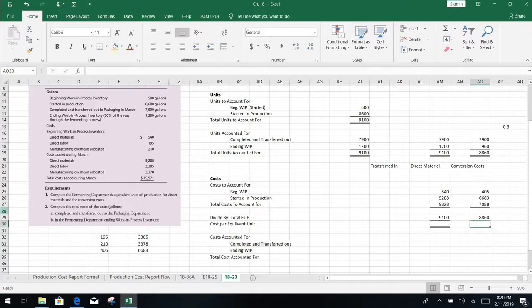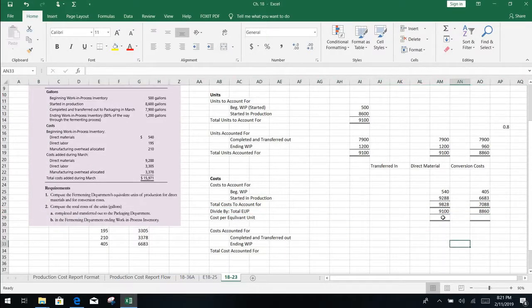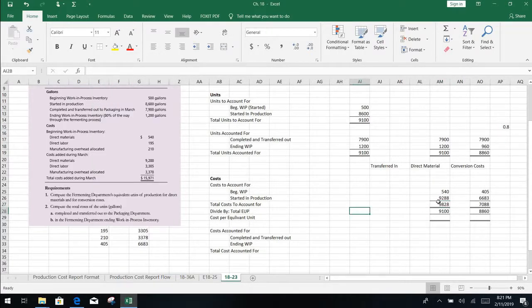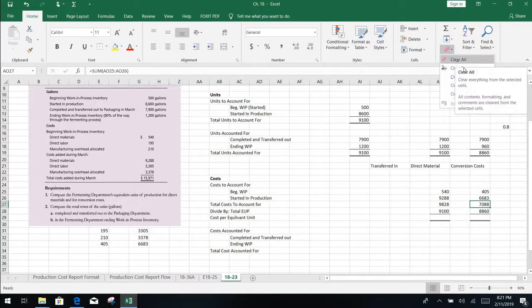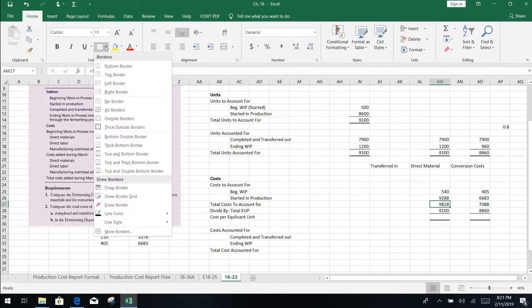Okay, we don't need this line anymore for clarification, so I'm just going to delete it. Okay. Let's go ahead and get this value. This actually is incorrect. So I'm just going to change this formatting to single top bar. Since we changed the positioning, I'm going to change the, okay.